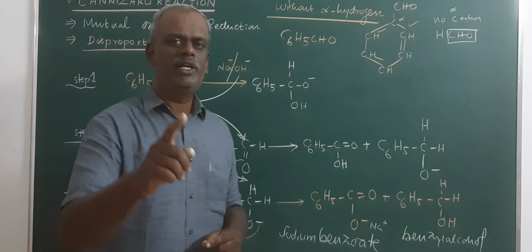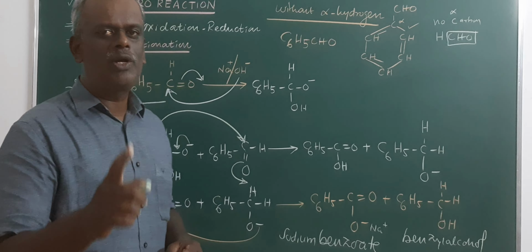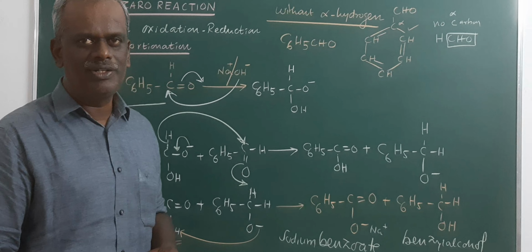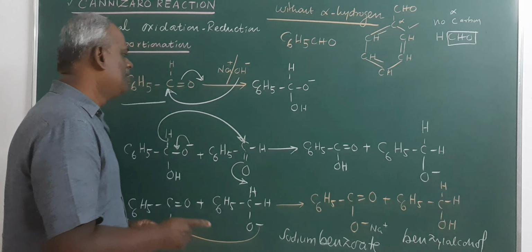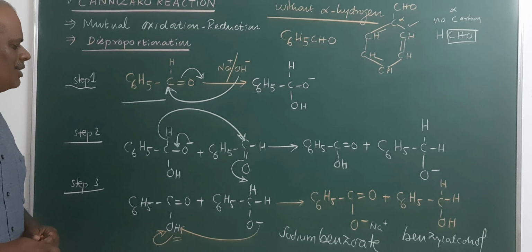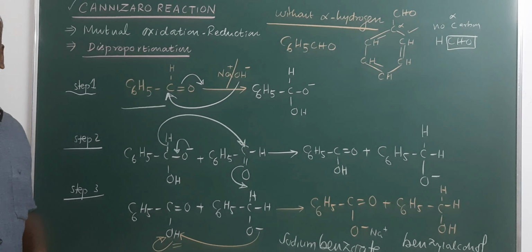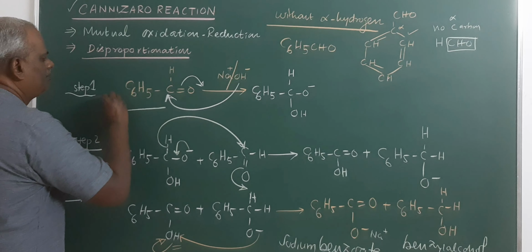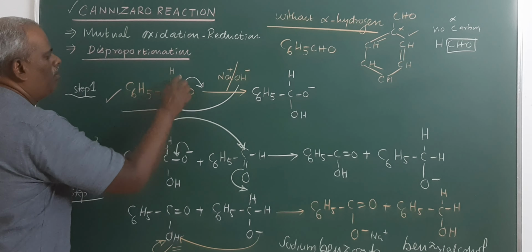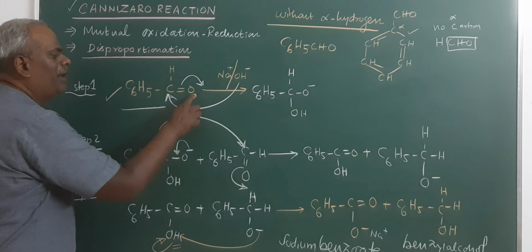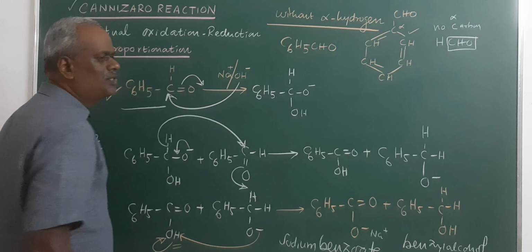So this is the explanation for the Cannizzaro reaction: aldehydes without alpha hydrogen. The best example is benzaldehyde. Benzaldehyde does not contain alpha hydrogen, and hence it answers for this. At a glance, in the first step I am writing C6H5 C double bond OH. The OH is attacking the carbon, the nearby bond breaks up, and we are getting this substance.